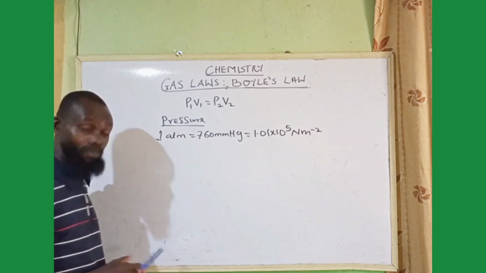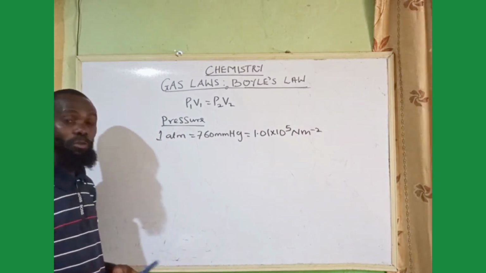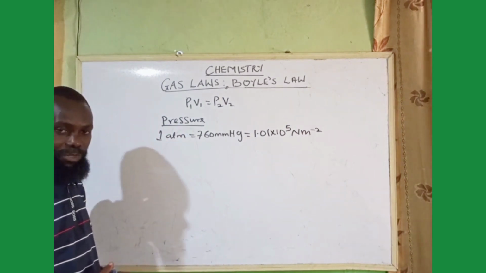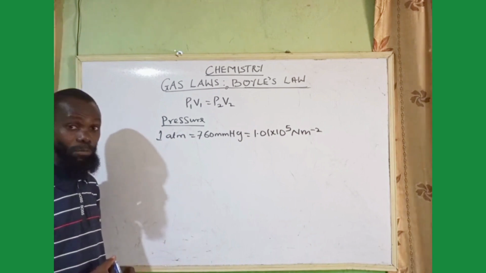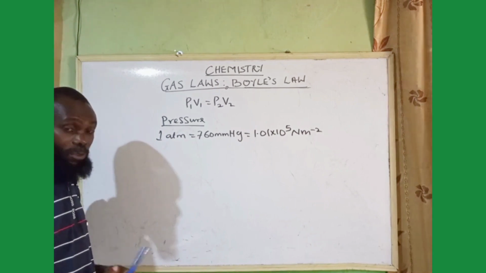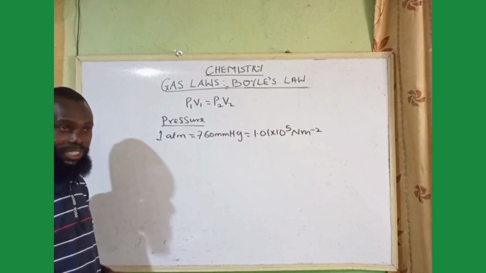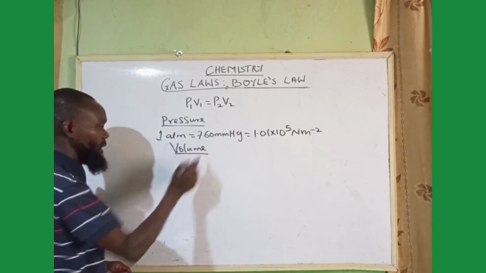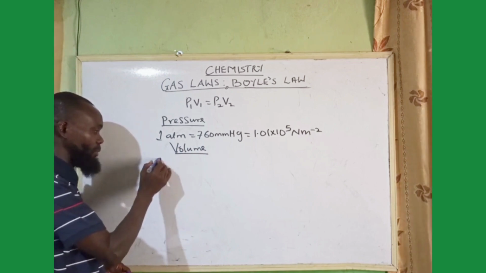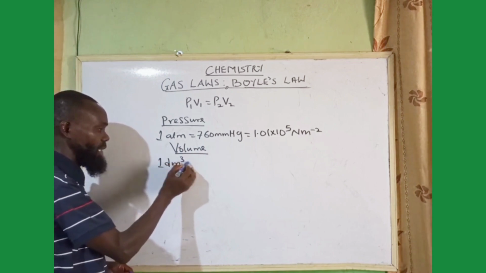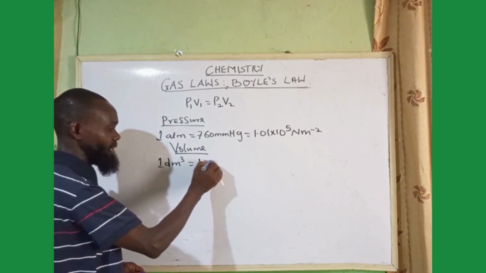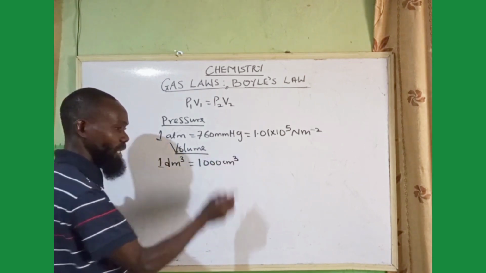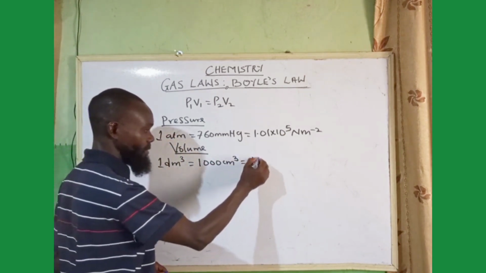So this is the unit of pressure, while volume is measured in cubic centimeter, cubic meter, cubic decimeter or liter. Which means for volume, 1 decimeter cube equals 1000 centimeter cube, which also equals 1 liter.